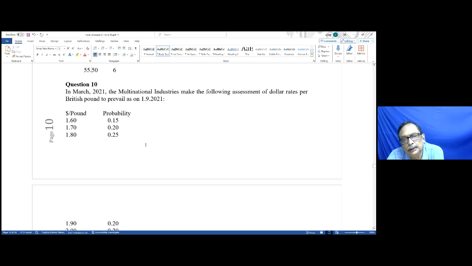So if you look into the problem, it is given that in March 2021, multinational industries make the following assessment of dollar rates.